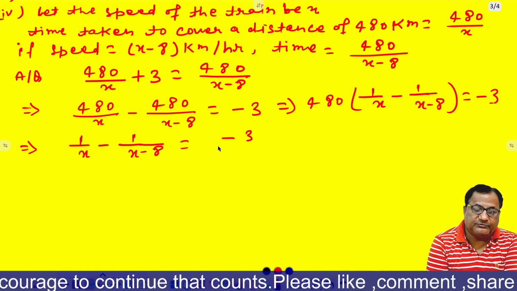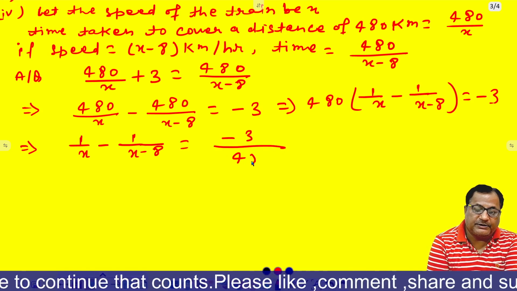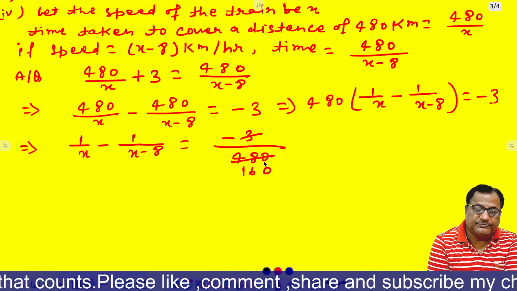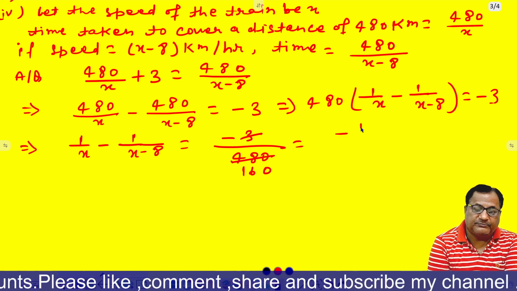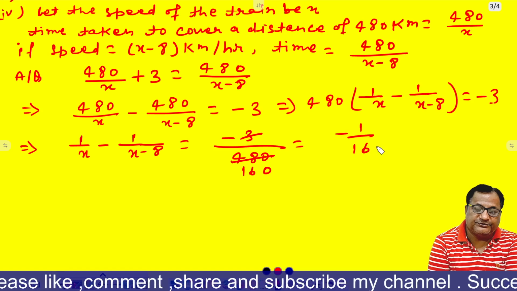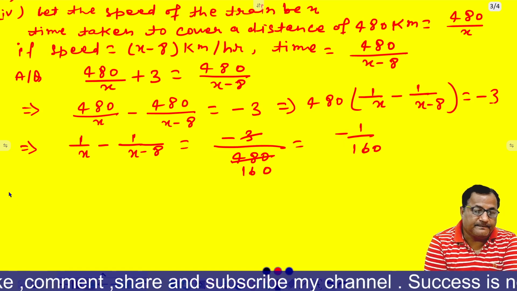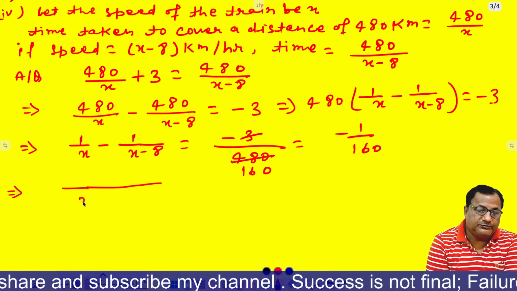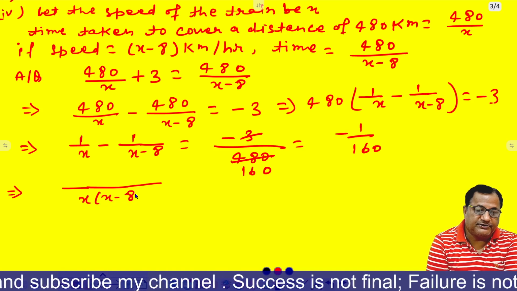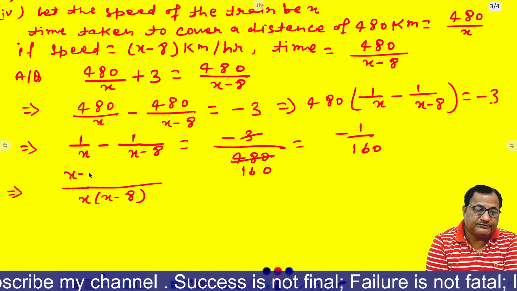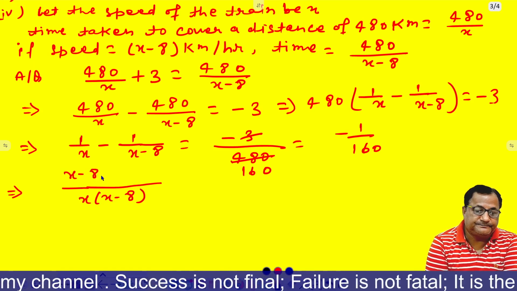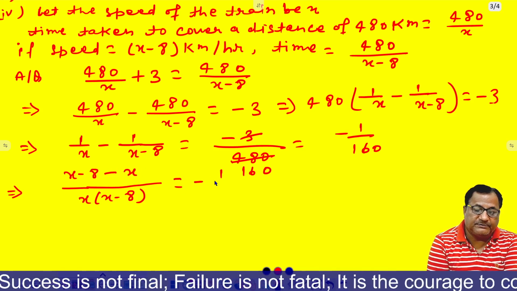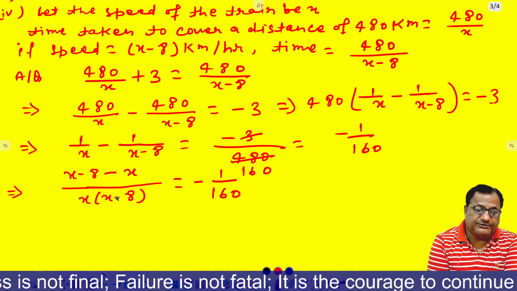We bring this side, so this will be divided. 480 will cut 16, means minus 1 by 160. If we take LCM, here will be x minus 8 minus x is equal to minus 1 by 160.